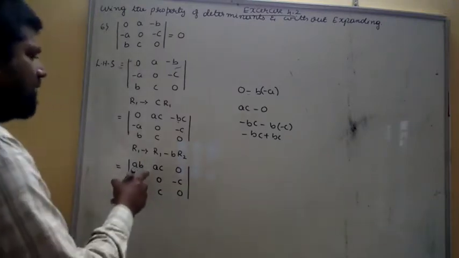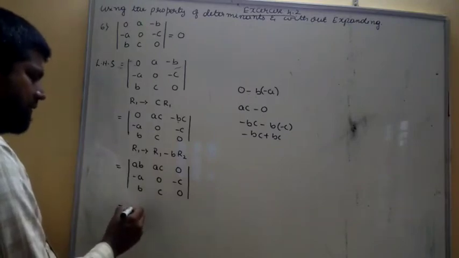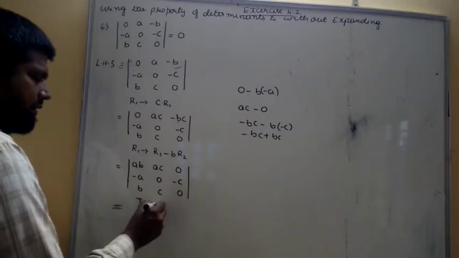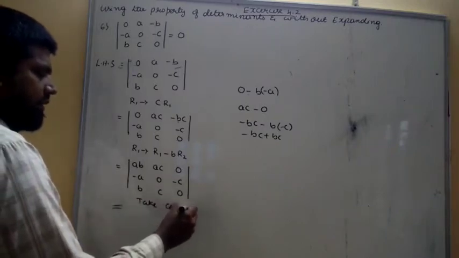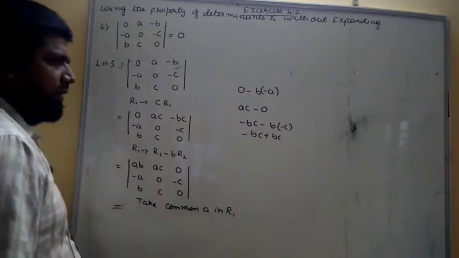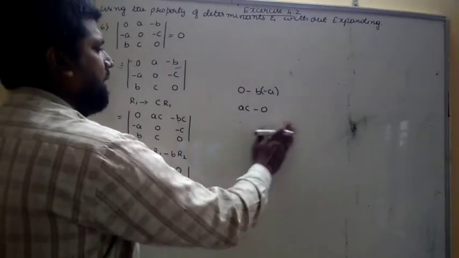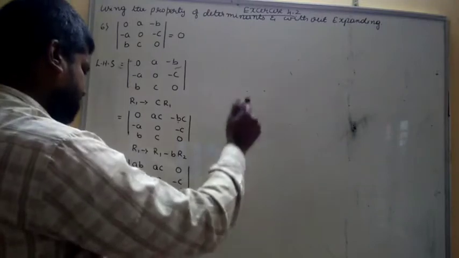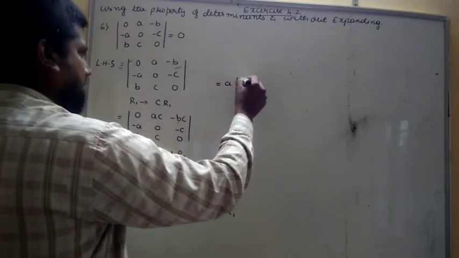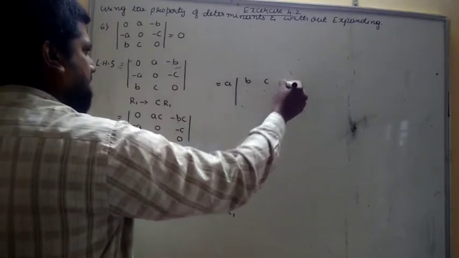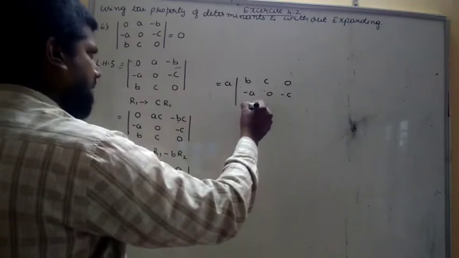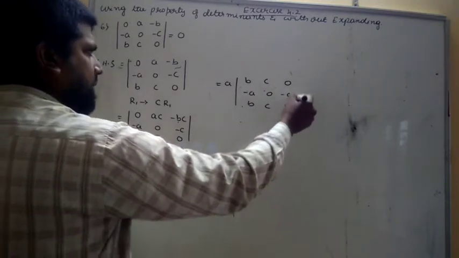Then we can remove the common factor A in the first row. In row 1, take common A. If you take common in row 1, then what happens here? A, then we have B, C in the first row, then minus A, 0, minus C, then B, C, 0.